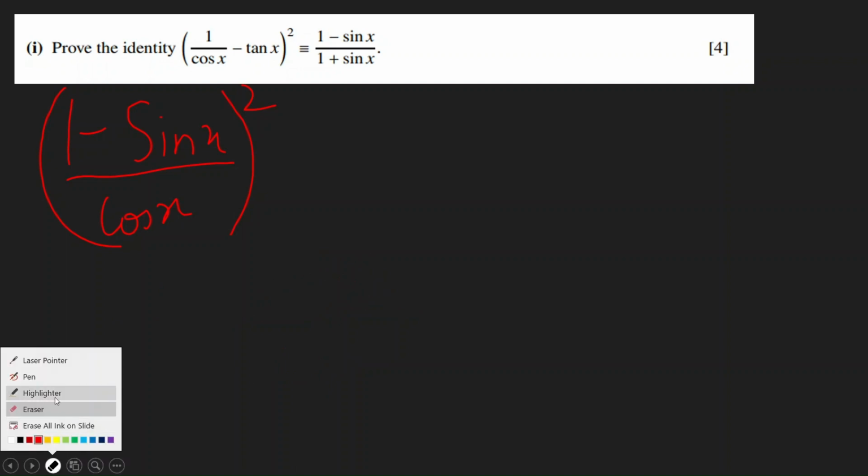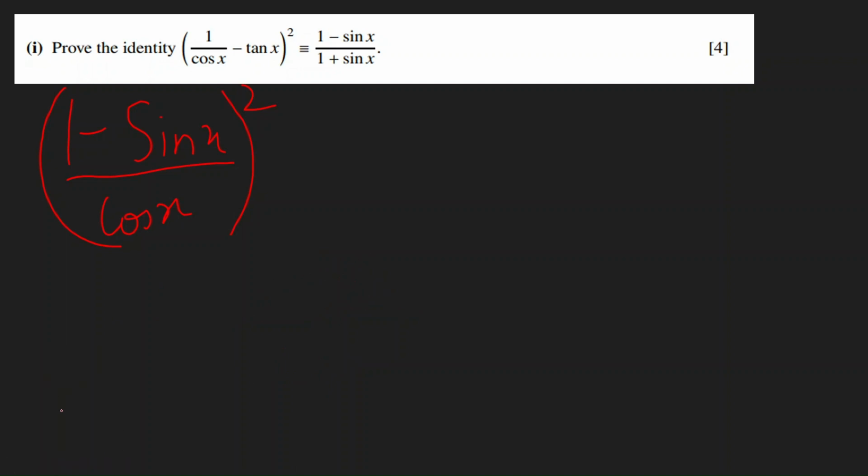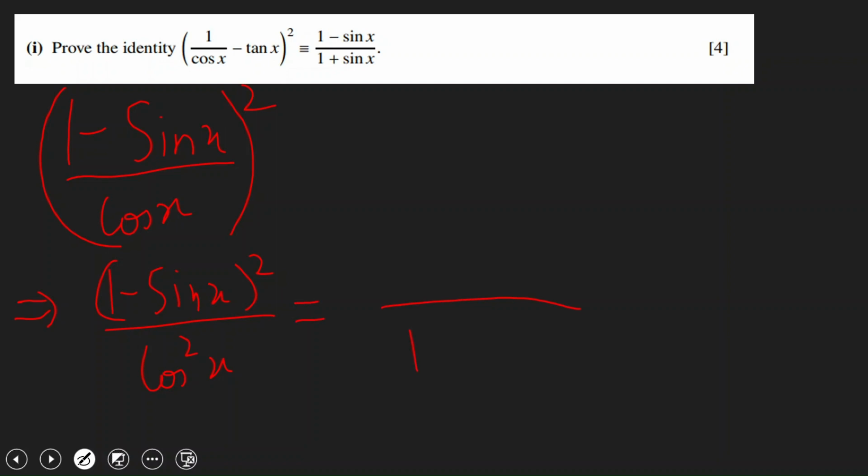Which can be simplified by dividing it into numerator and denominator. So it's going to be 1 minus sin x whole squared divided by cos squared x. Cos squared x we already know is 1 minus sine squared x, which is nothing but difference of squares, right? So I'm going to write that as 1 plus sine x and 1 minus sine x.